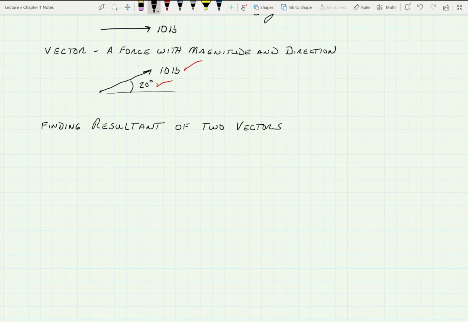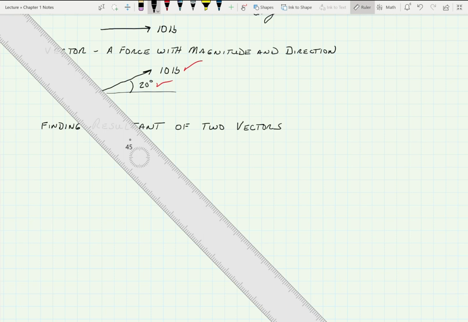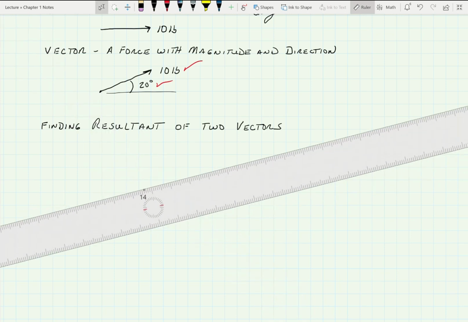So we can have, and I'm going to use a ruler for this to make life nice.